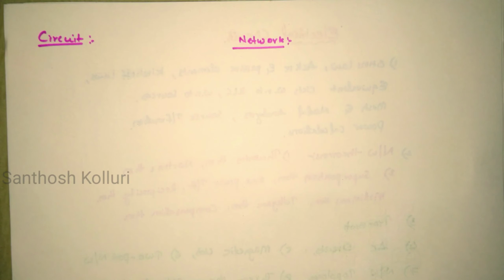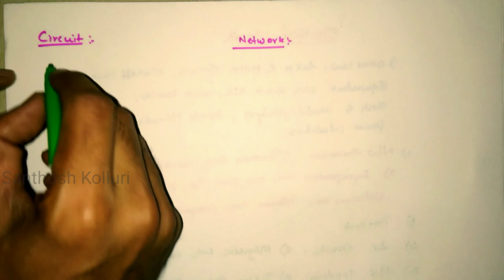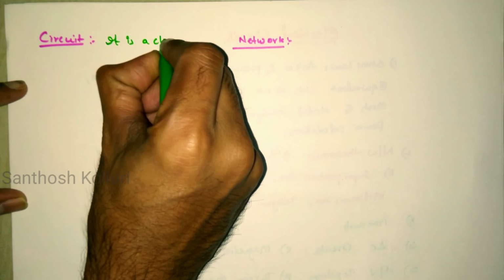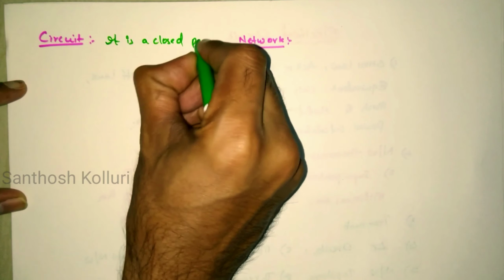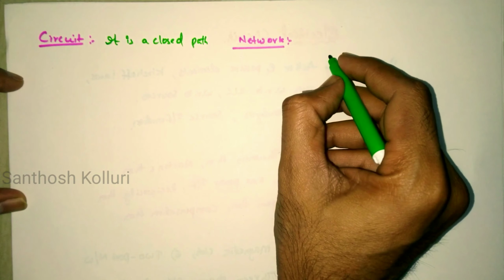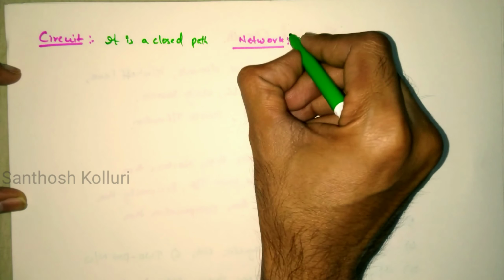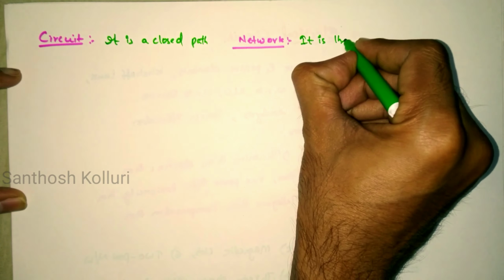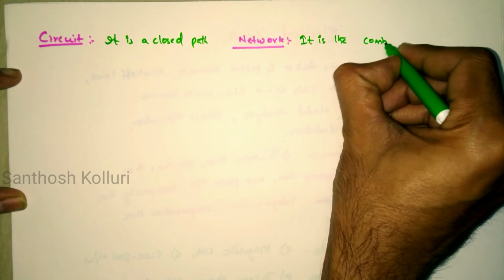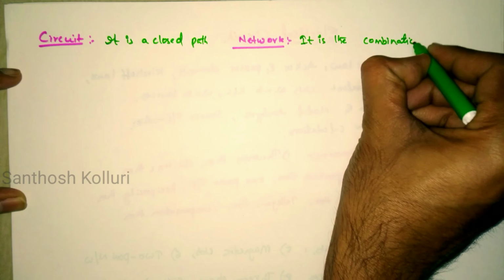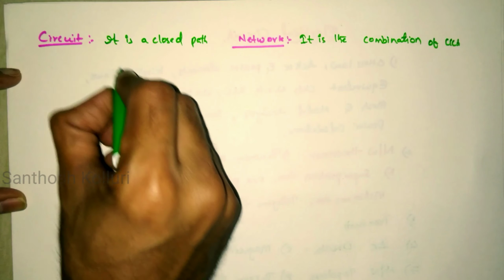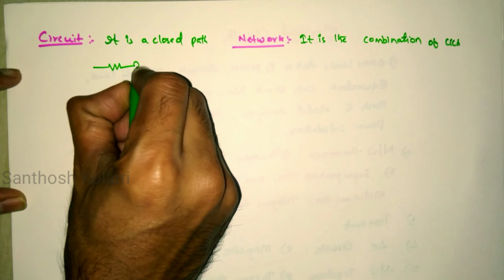So from the basics, a circuit is nothing but a closed path, whereas a network is a combination of circuits. An example for a circuit is like this.